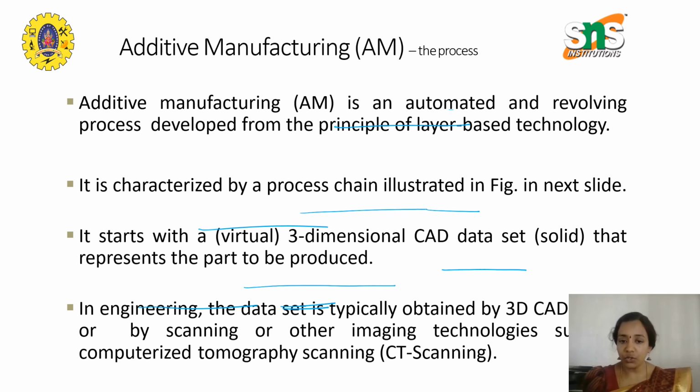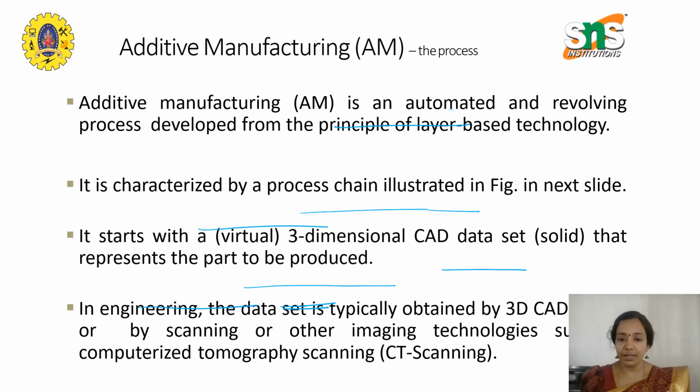It starts with a virtual three-dimensional CAD data set solid that represents the part to be produced. Whatever product we need, we have to design it first using software, and then manufacture it. We have to simulate before manufacturing, which reduces the unwanted cost of production.